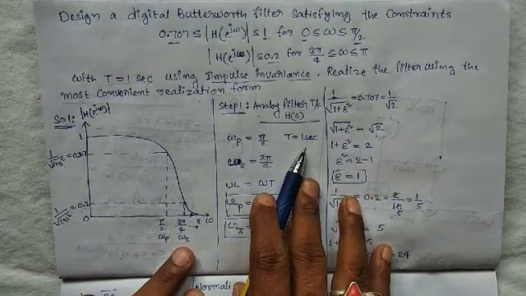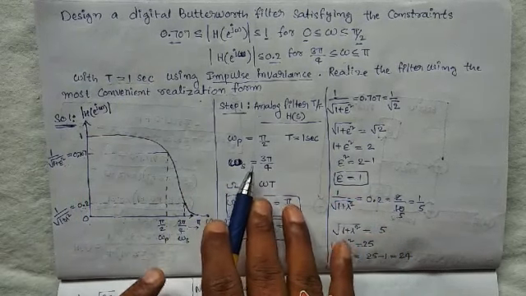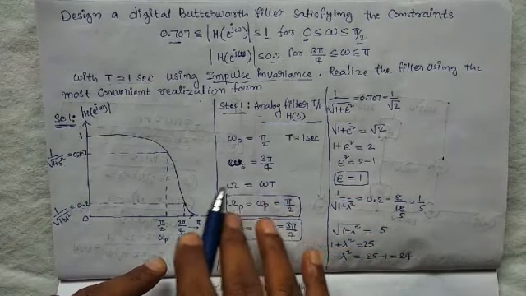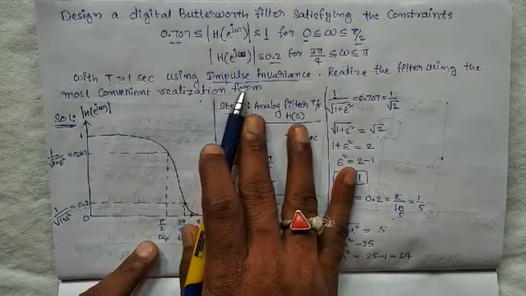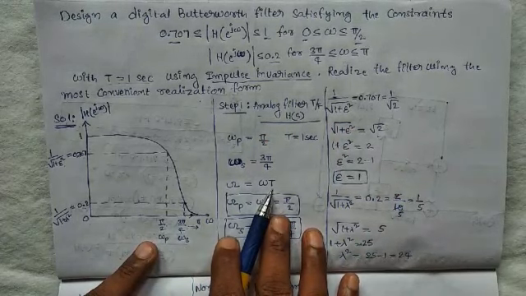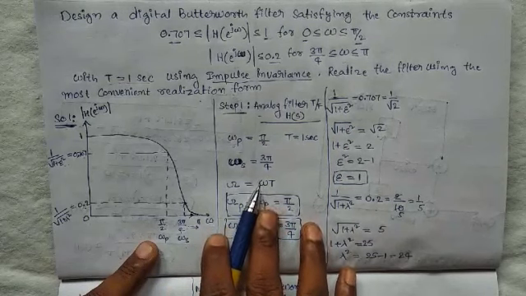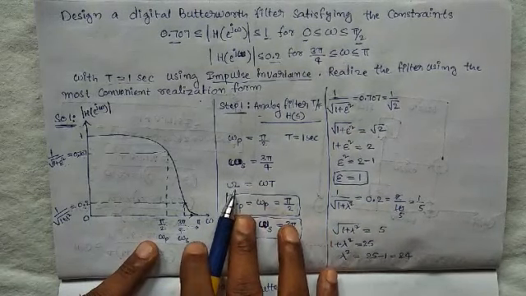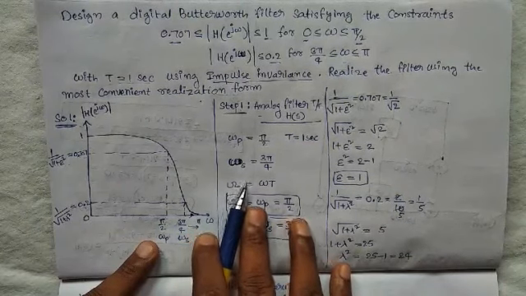Now what is the relationship between the analog frequency and the digital frequency in the impulse invariance method? ω is equal to ΩT, where ω indicates the digital frequency and Ω the analog frequency. First we determine the analog frequencies.